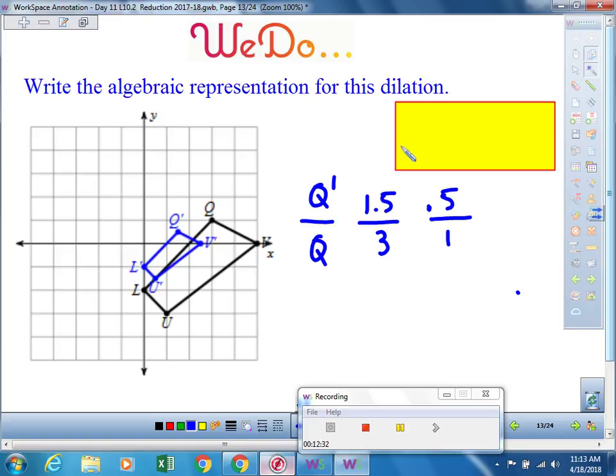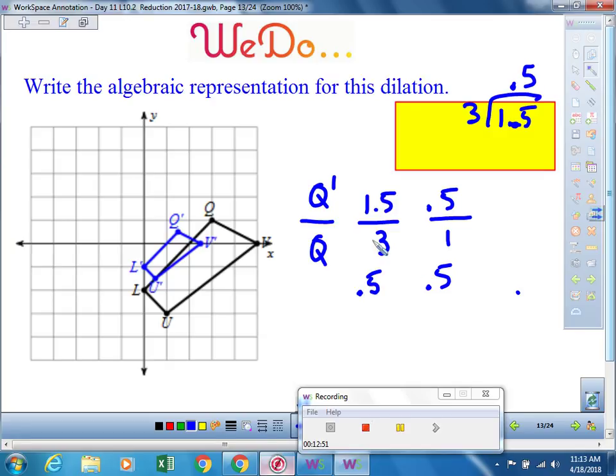So what's 1.5 over 3? If you don't know, you can always divide. Go to in and out. 1.5 divided by 3. Bring your decimal up. How many 3s in 15? 0.5. And then 0.5 over 1 is 0.5. When you're finding the scale factor, they should be the same.